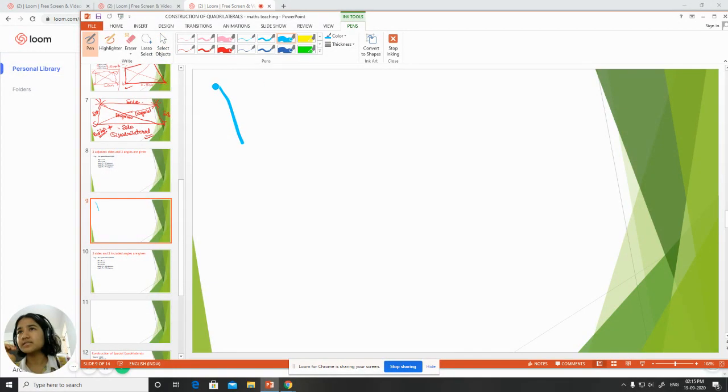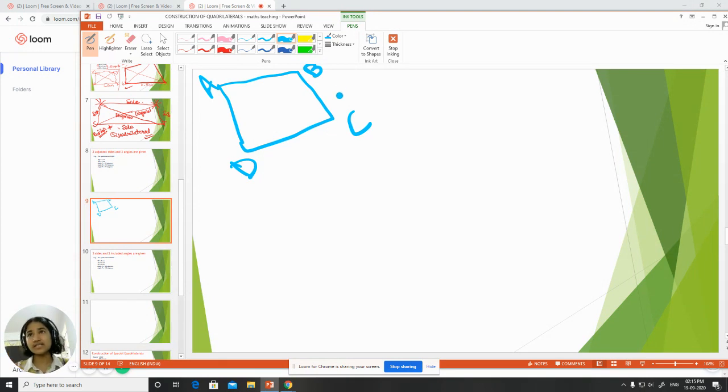Okay, let me explain. If this is the quadrilateral, shall we name it also? Let's take it A, B, C, and D. So if these are the four vertices, then AB will be adjacent to BC, okay? And AB will also be adjacent to AD.